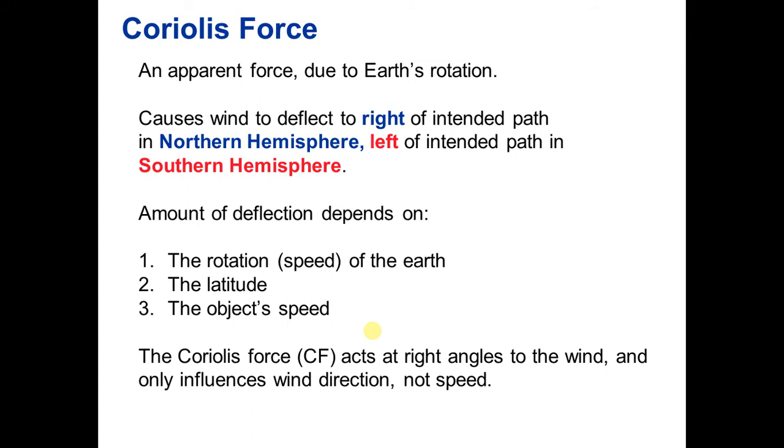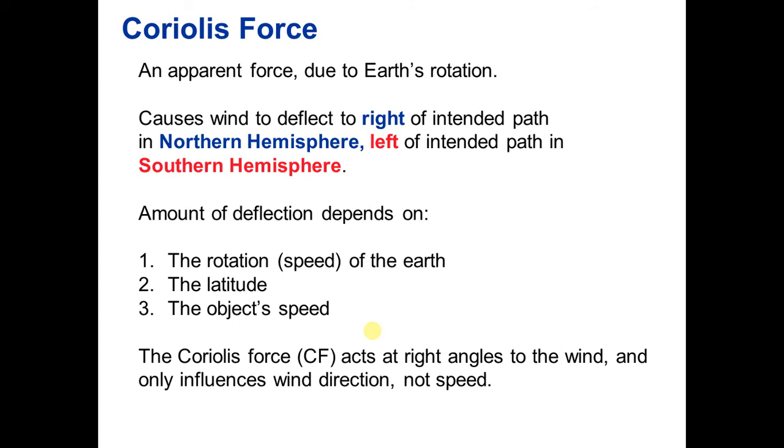So if the air wants to move from south to north, it'll get deflected toward the east. And in the southern hemisphere, the wind also gets deflected by the Coriolis force, but in the opposite direction, toward the left of the intended path. And it's important to understand the direction of deflection, to take your point of view from the direction the object's moving, right?